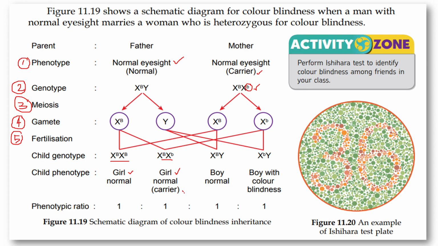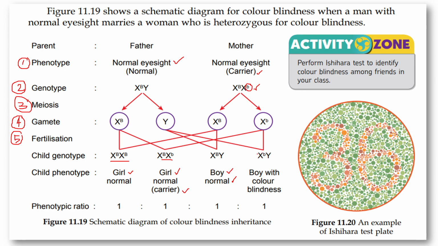So that means this daughter is a carrier. Okay, if this Y gamete from the father fertilizes with the capital letter, that means the dominant allele from the mother, the child will be a boy with normal eyesight. But let's look at the last probability where the Y from the father fertilizes with the recessive allele from the mother.